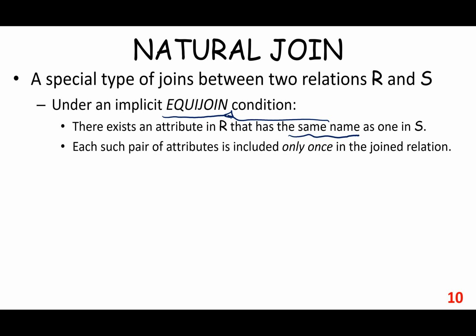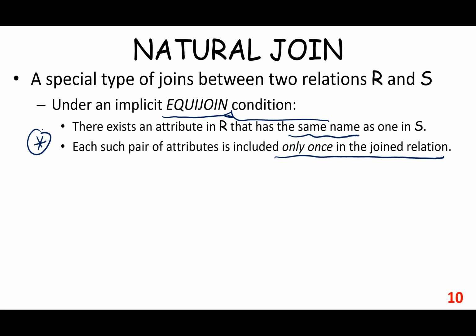Each such pair of attributes is included only once in the join. That's the special part, different from our Cartesian product. In a Cartesian product, although those two columns have the same name, because they come from two different tables they repeat twice.